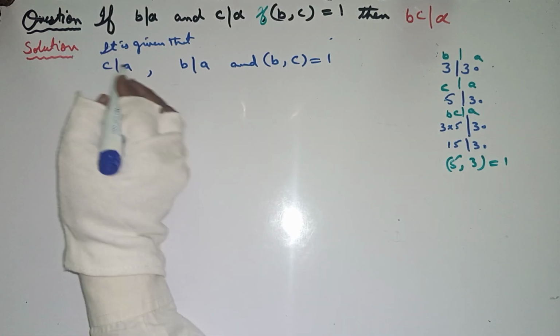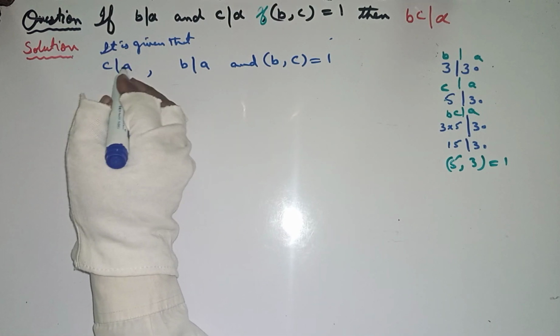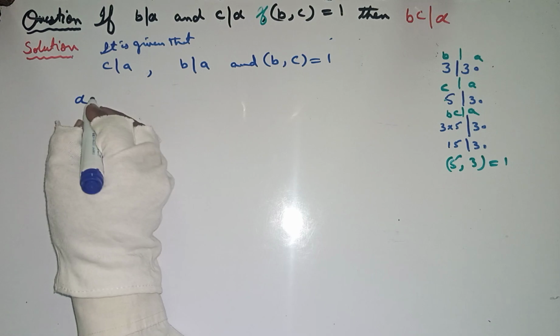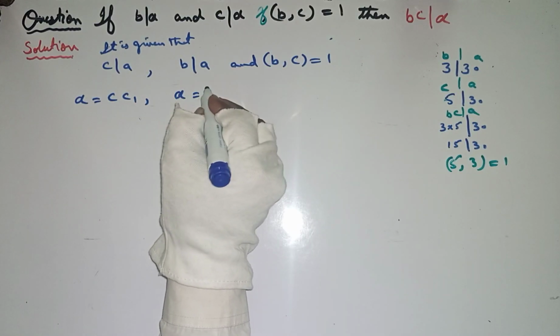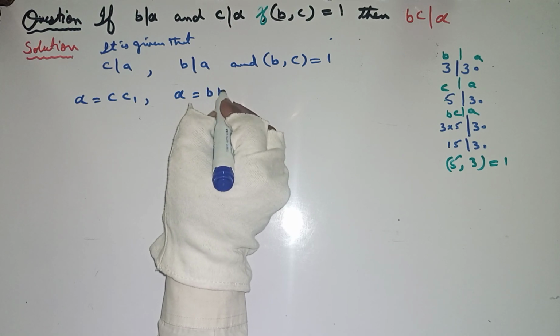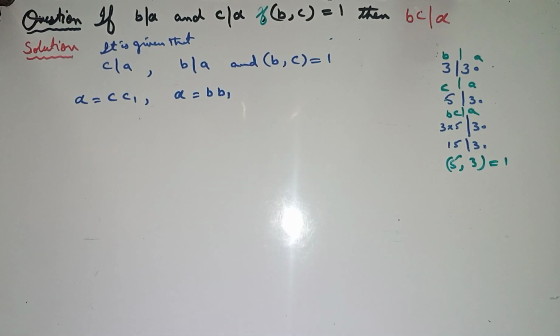Okay, how can I write this expression? I can write this expression as A is equal to C times C1, and this expression as A is equal to B times B1. How can I write it?